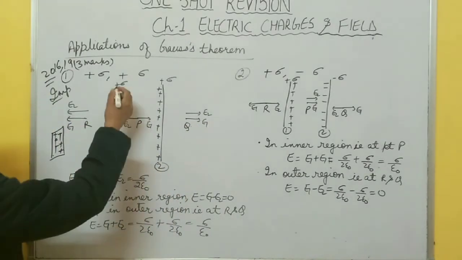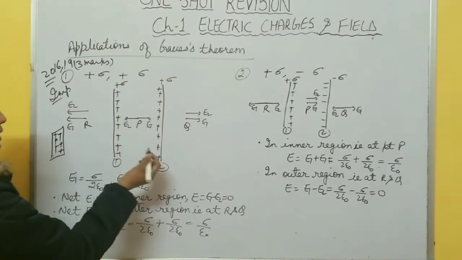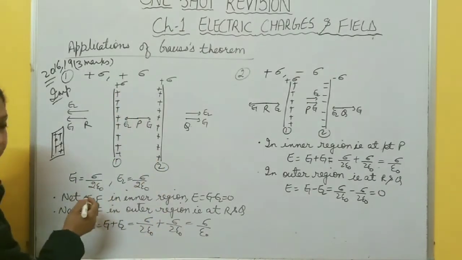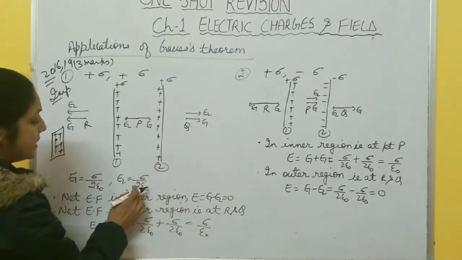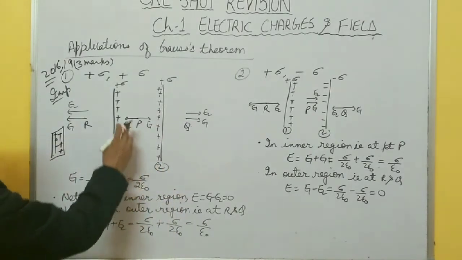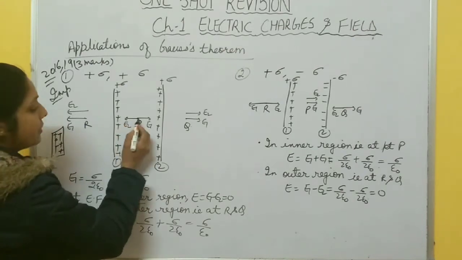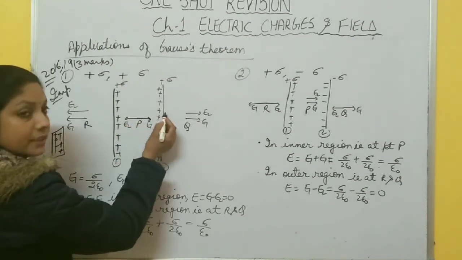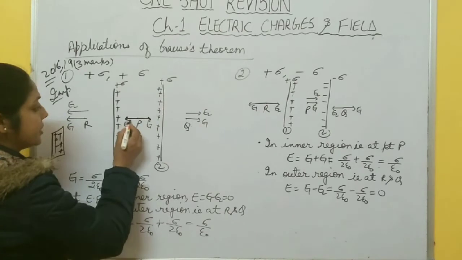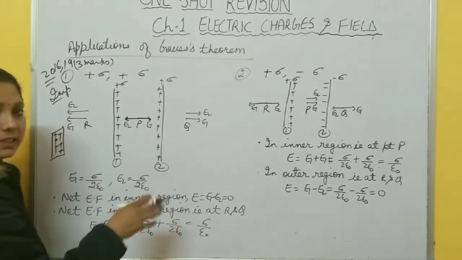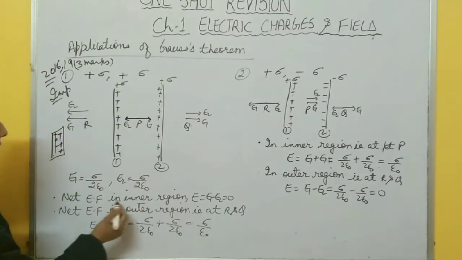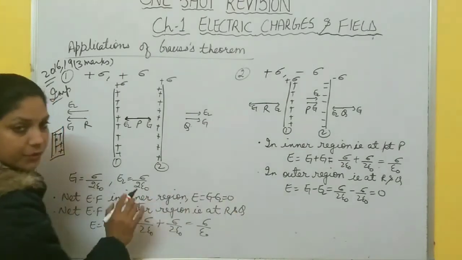So, you know, electric field due to this first plate, what is the formula for that one? Sigma by 2 epsilon naught. Again, electric field due to the second plate is sigma by 2 epsilon naught. Now, in the inner region, this is a positive plate, so electric field is in this direction. Again, this is a positive plate, electric field is this direction. So both electric fields are in opposite direction, so net electric field in inner region is 0, right?